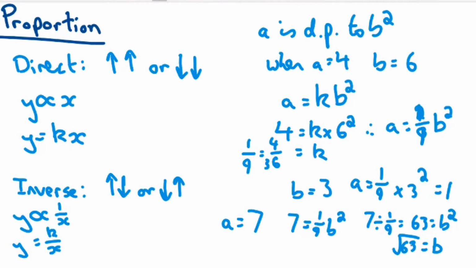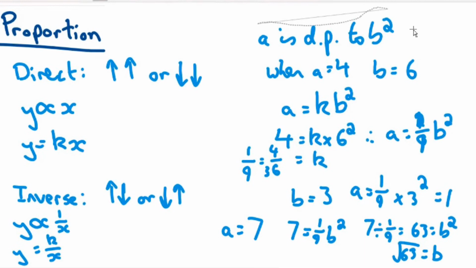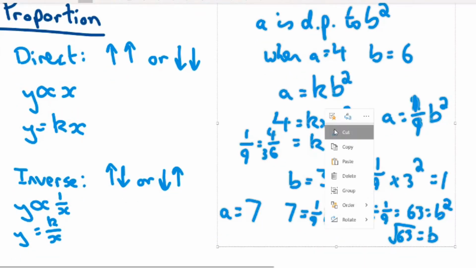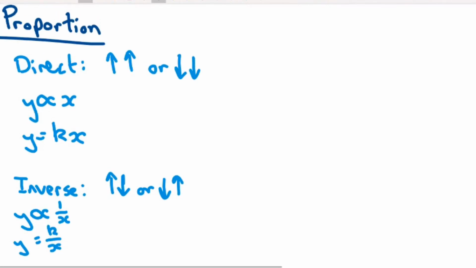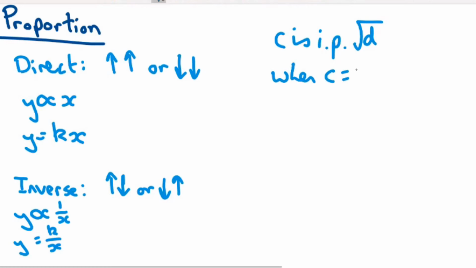If this is an example of direct proportion, then let's do a similar example of inverse proportion. In this case, C is inversely proportional to the square root of D. Let's say when C equals 5, D equals 100.